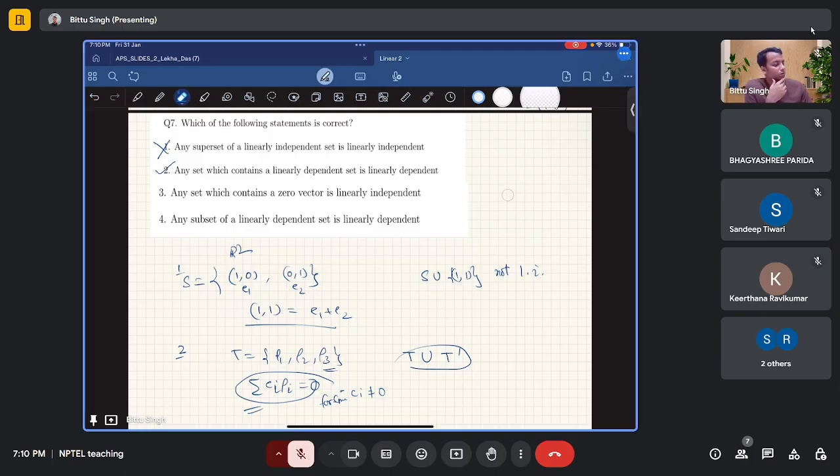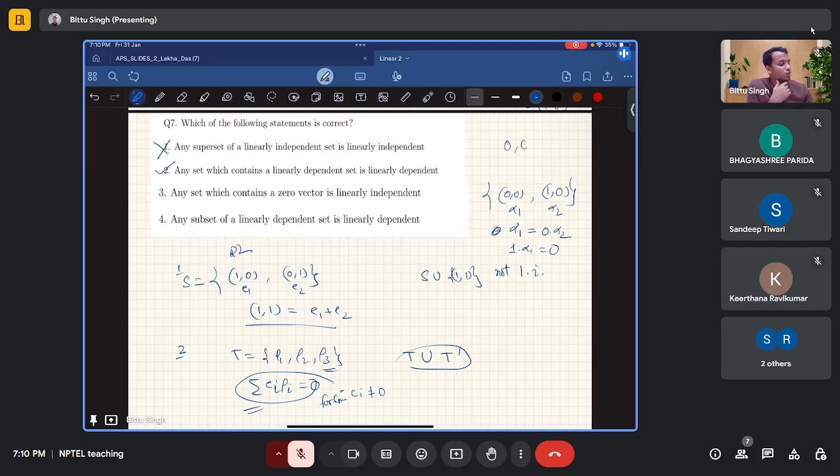So if 0 is there, for example, the 0 vector comma 1 0, suppose this is alpha 1, this is alpha 2. Alpha 1 can be written as 0 times alpha 2, so you are getting 1 times alpha 1 equal to 0. You are getting a non-trivial linear combination which gives you 0.